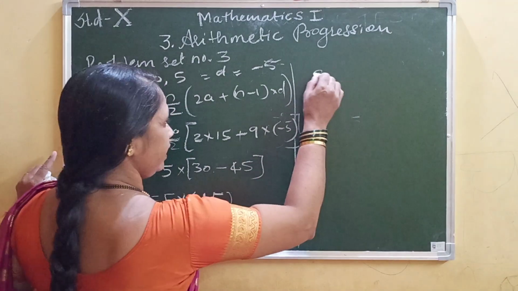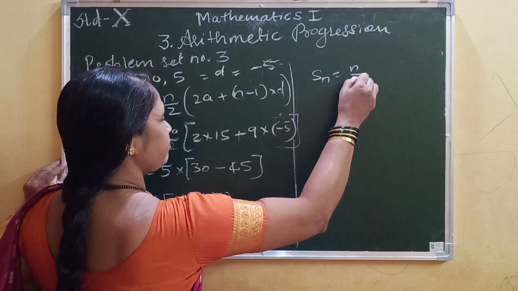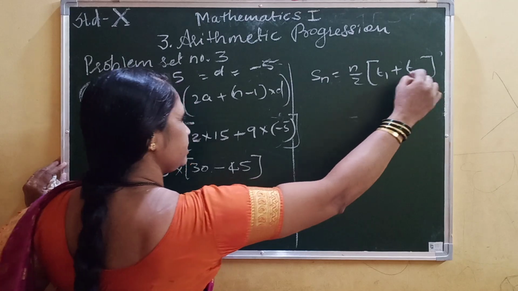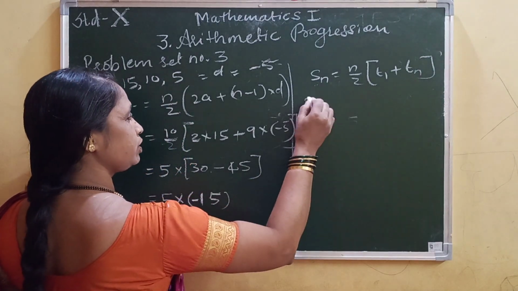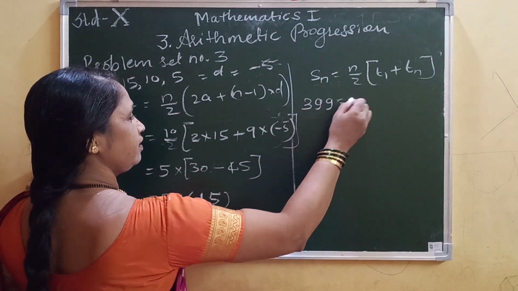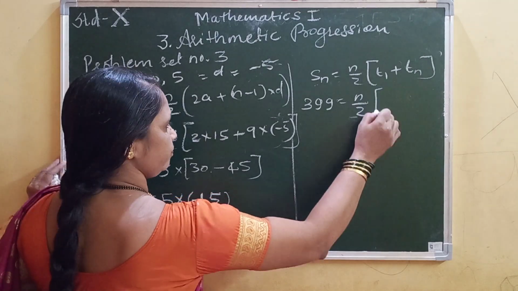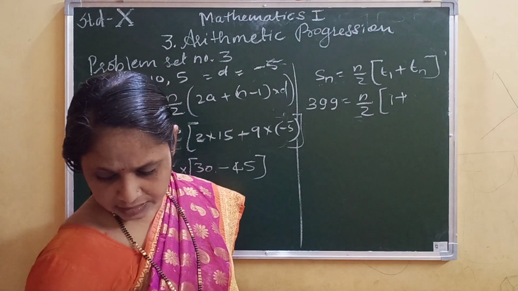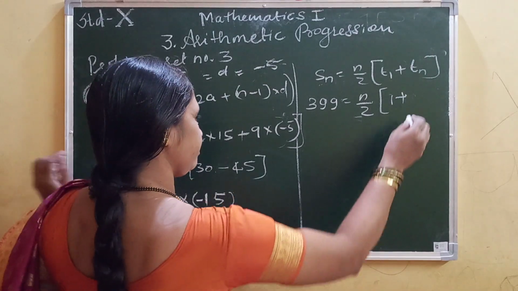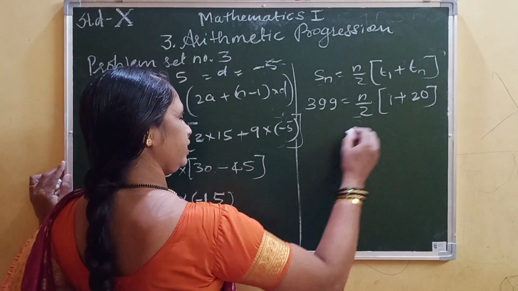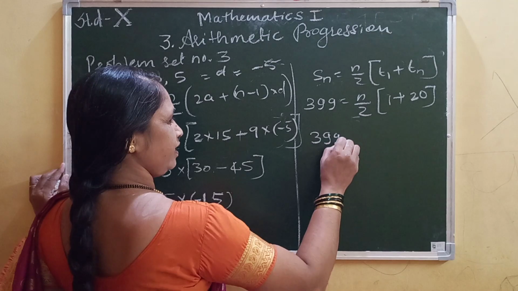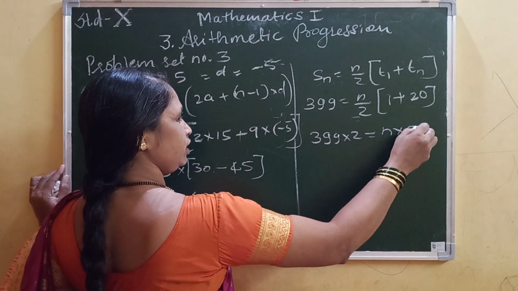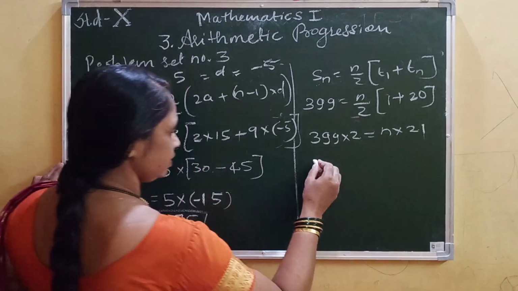Sn is equal to n by 2 into (t1 plus tn). Both are given, and Sn is also given, that is 399. First term is 1 and tn is 20. So 399 into 2 is equal to n into 21.